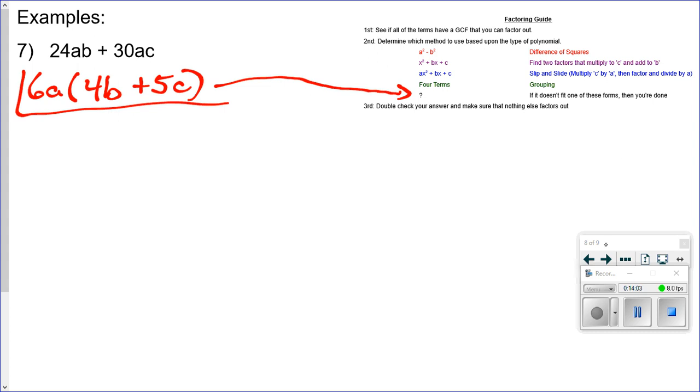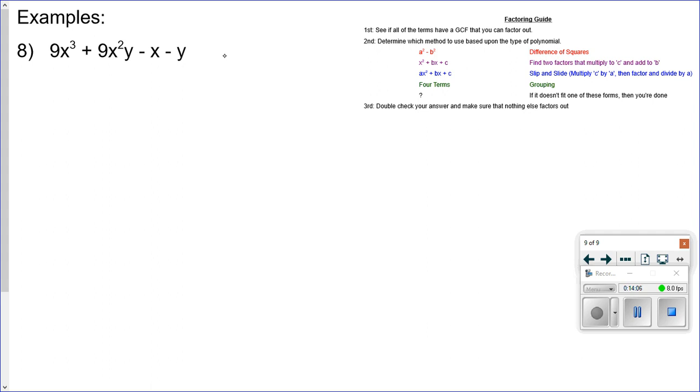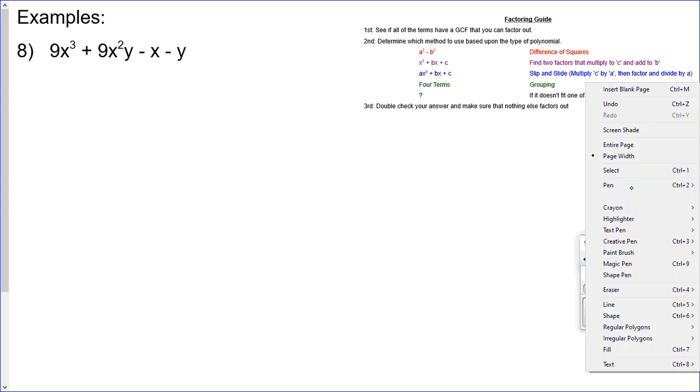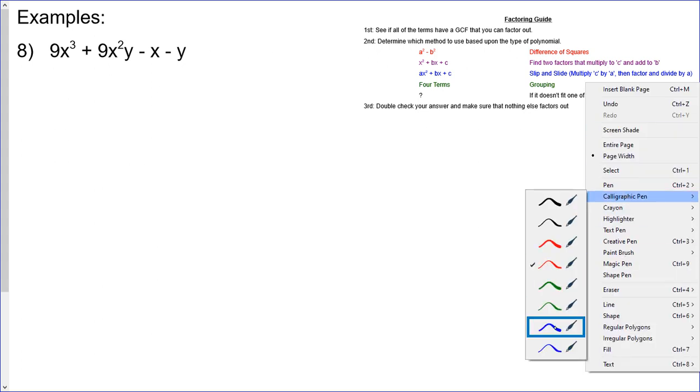All right, and last example here. All right, so is there anything that I can factor out? And I would say no. So this one has 4 terms. Let me switch my color. I like the blue better than the red.